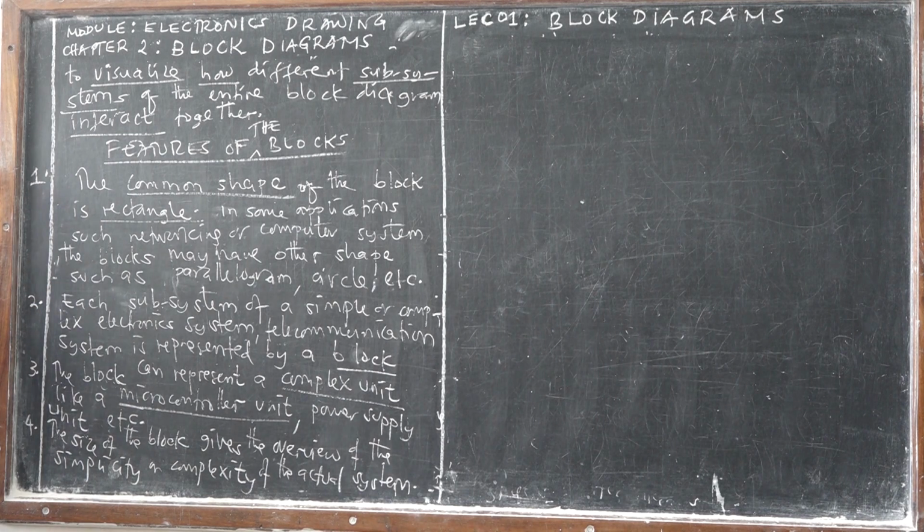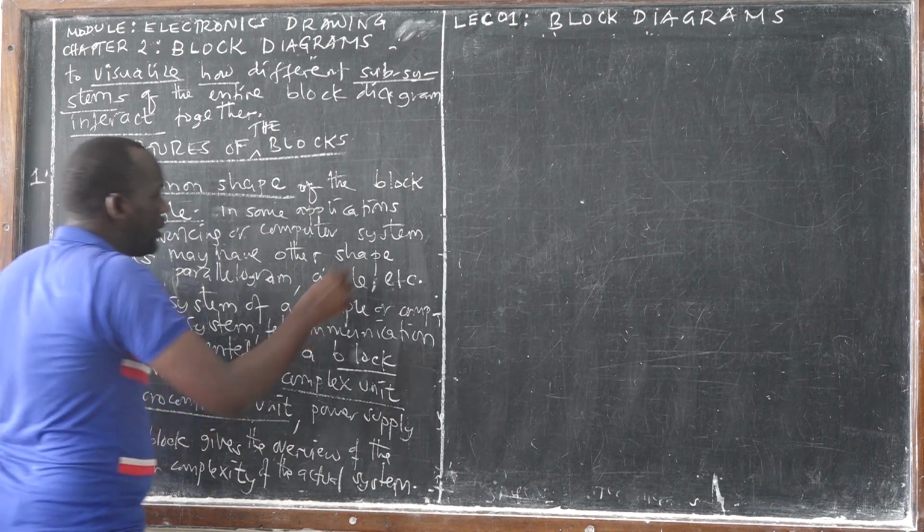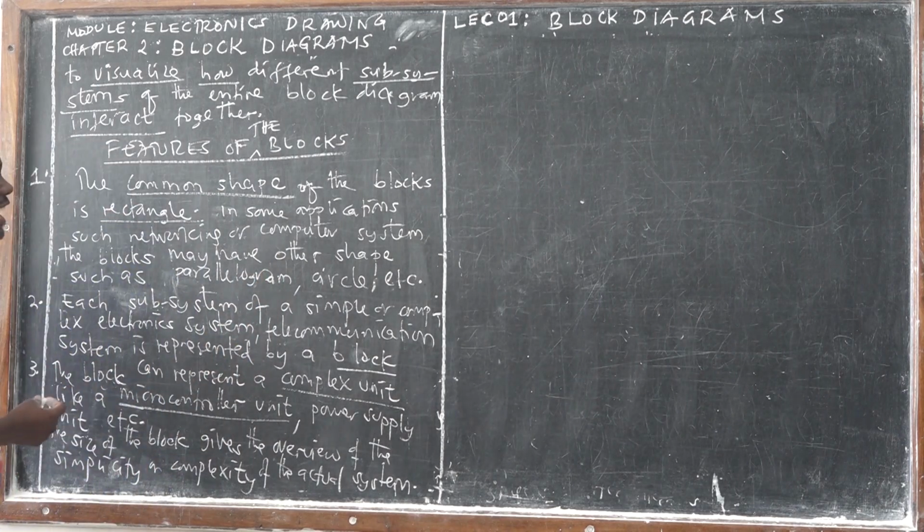Number one, the first feature: the common shape of the blocks used in electronics engineering or telecommunication engineering is what? Rectangle.